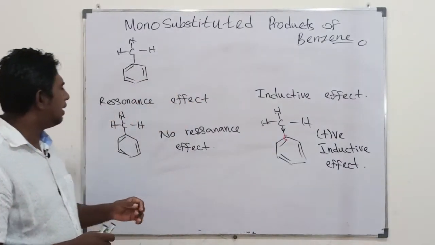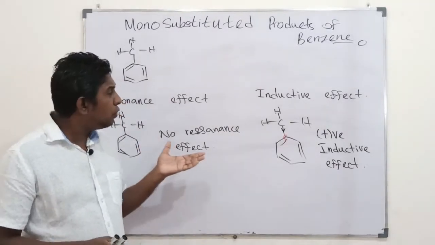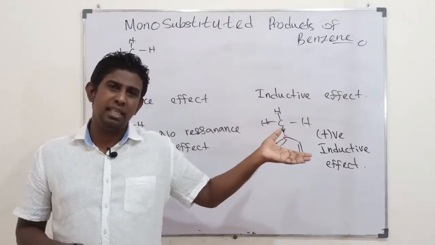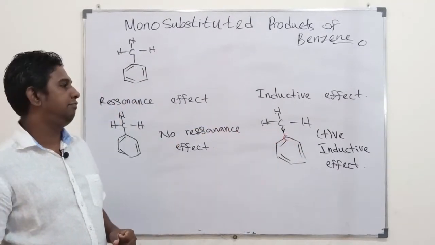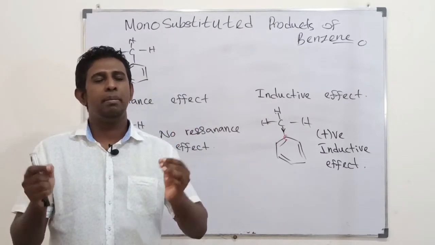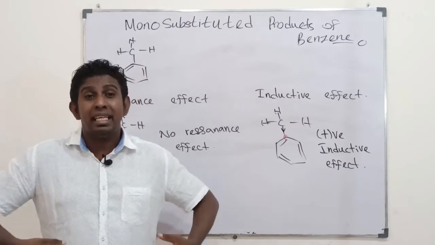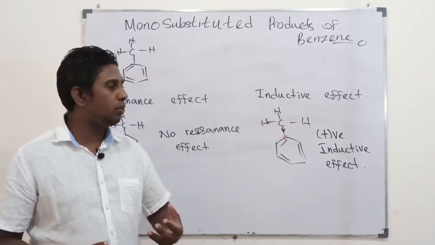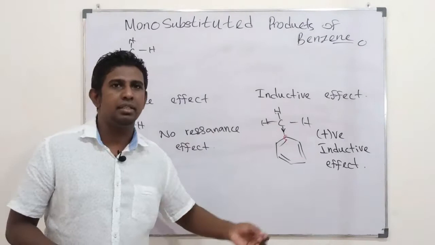Now here with toluene, you don't get such a resonance structure with the methyl group involved. Therefore, we can't talk about its directing ability with respect to resonance structures.